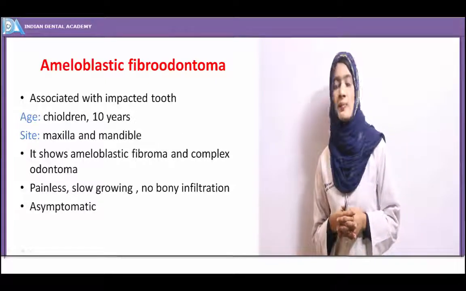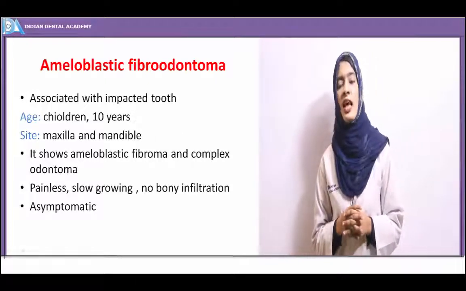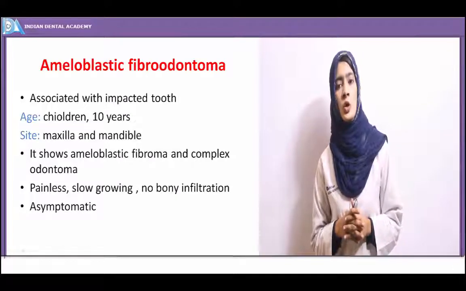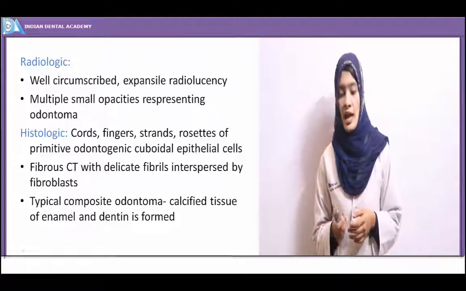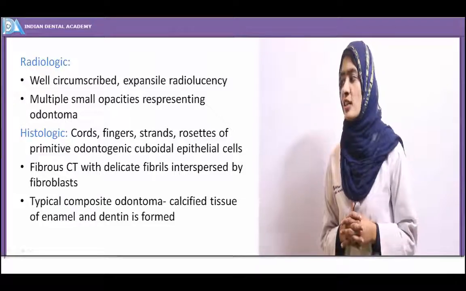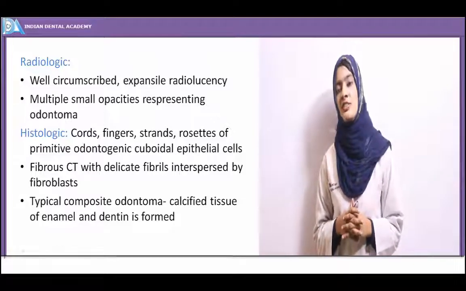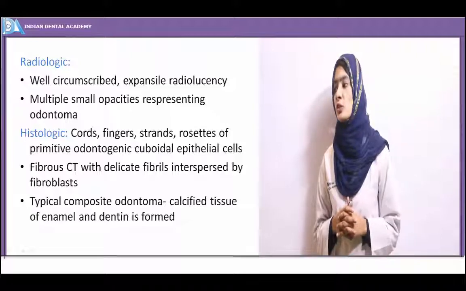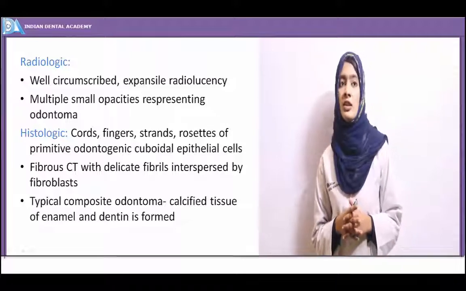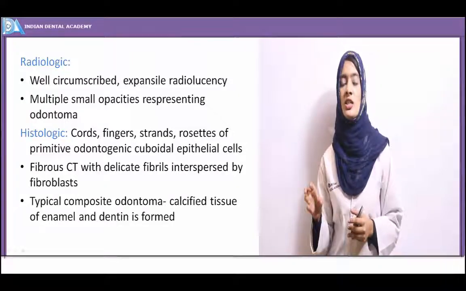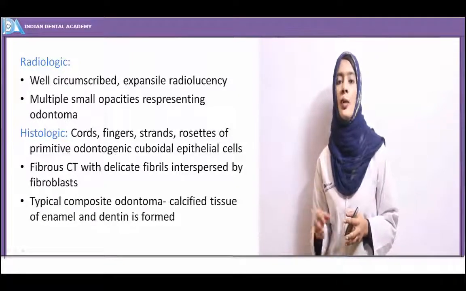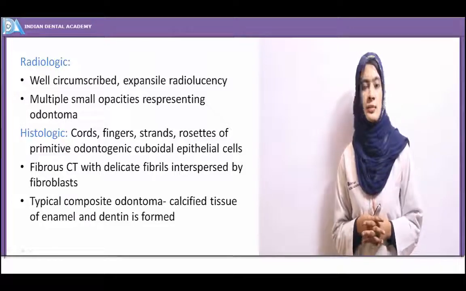Initially it begins as a painless asymptomatic lesion, then it expands very slowly and there is no infiltration of the bony trabeculae. Radiologically it presents as a well circumscribed unilocular radiolucency, which is expansile in nature and smooth in outline. Sometimes within this unilocular radiolucency, small radio-opacities are seen representing the odontoma. Odontoma is nothing but a calcified tissue.